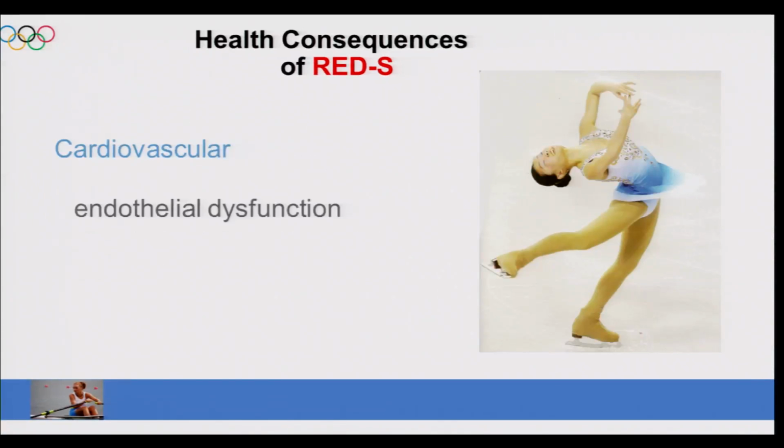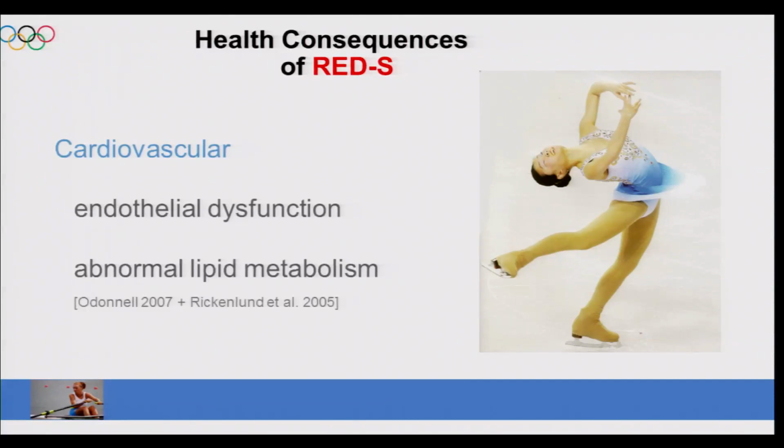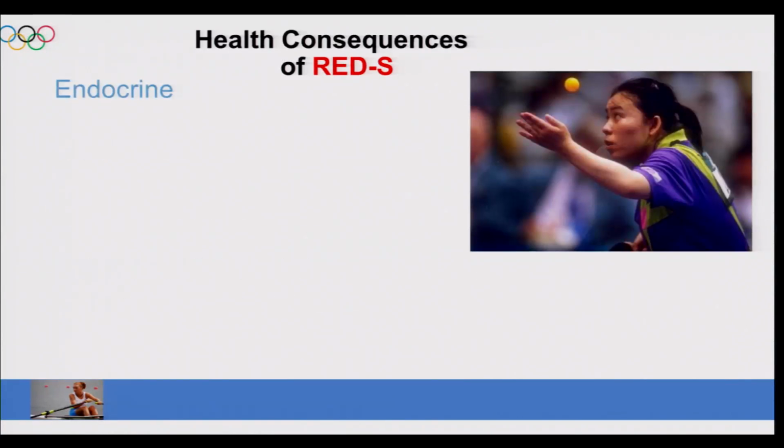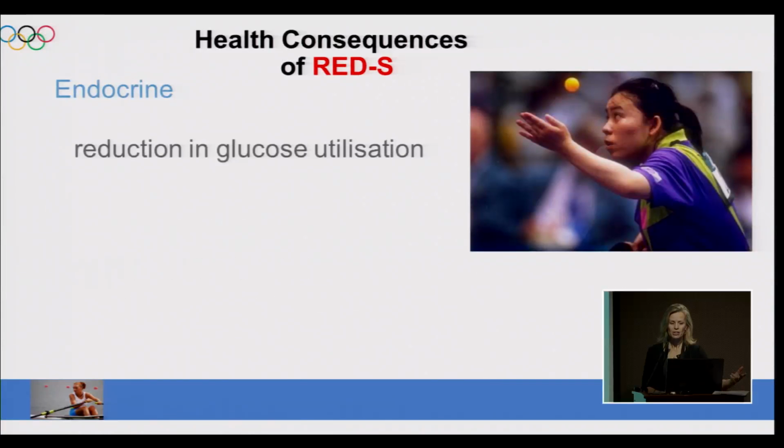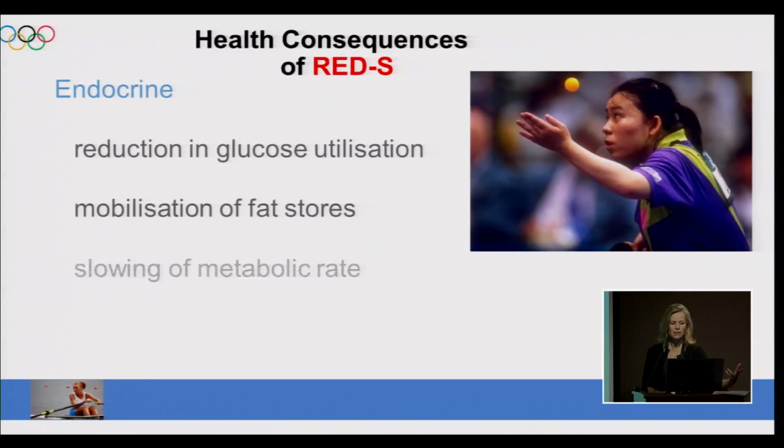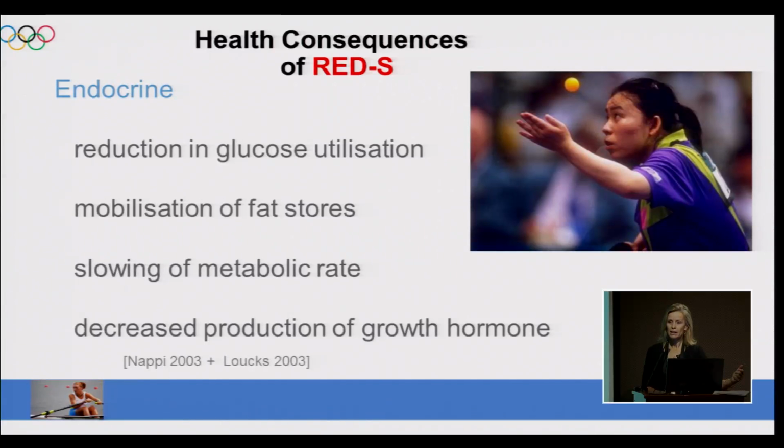If we look at the cardiovascular system, there's evidence that low energy availability affects endothelial dysfunction as well as lipid metabolism. The endocrine system: reduction in glucose utilization, mobilization of fat stores, metabolic rate, and effects on growth hormone.